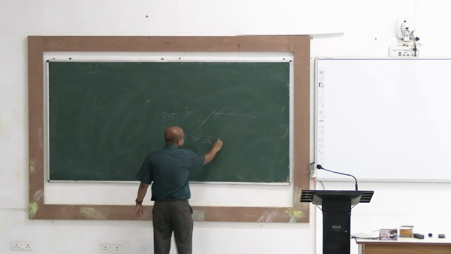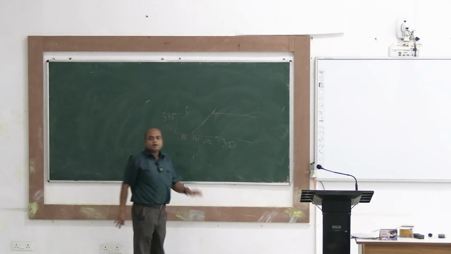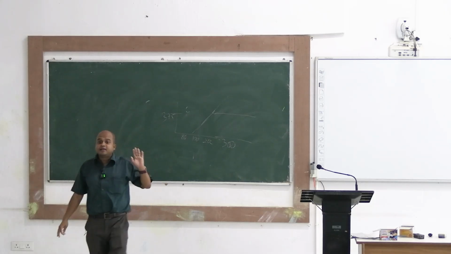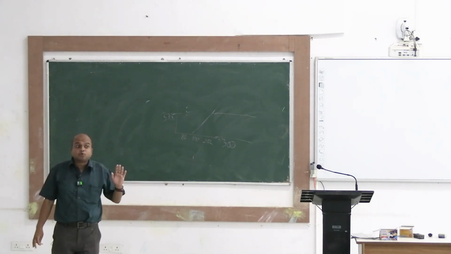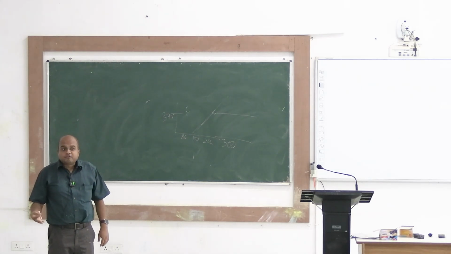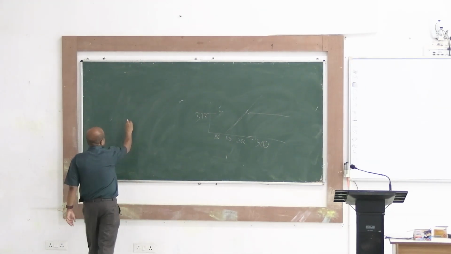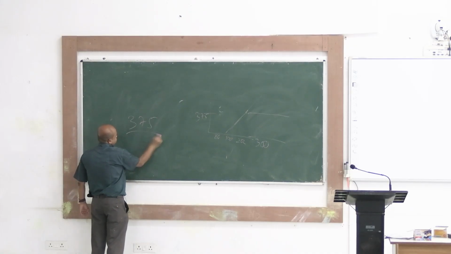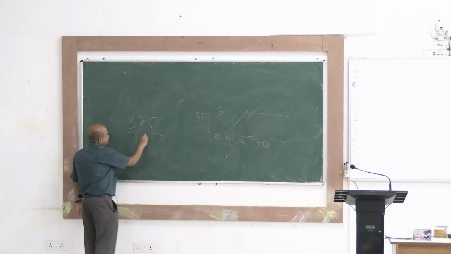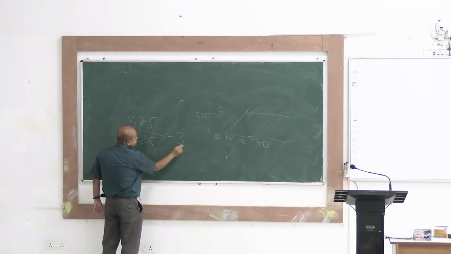So where should it be? This should be at 300. Just understand this should be at 300 milligram per deciliter of plasma glucose theoretically, because the glomerular filtration rate is 1.25. Just do simple mathematics.